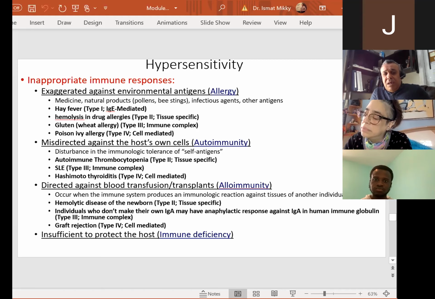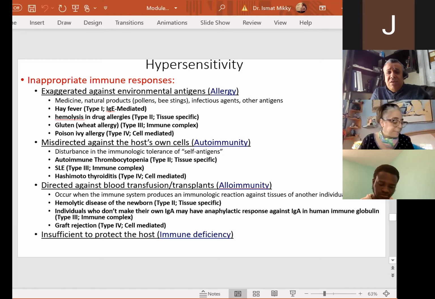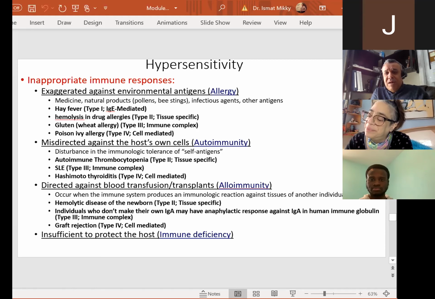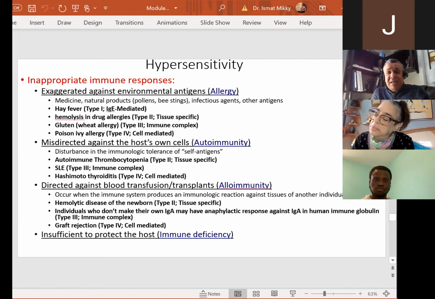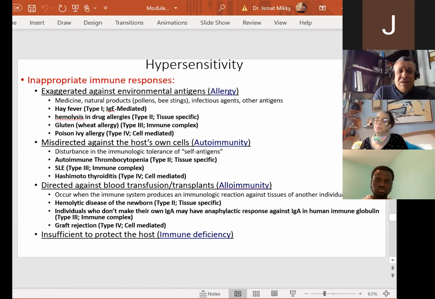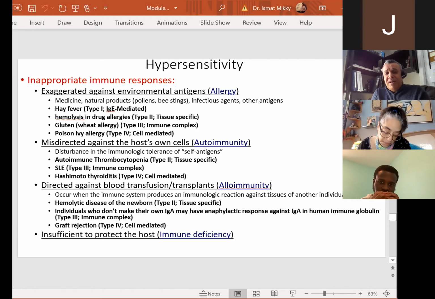Or a graft, which is a transplant, or a skin graft. If a lung transplant, heart transplant, or any organ has been transplanted and then the immune system rejects it, that is type 4, a graft rejection, and that is alloimmunity. That's the difference between autoimmunity and alloimmunity.